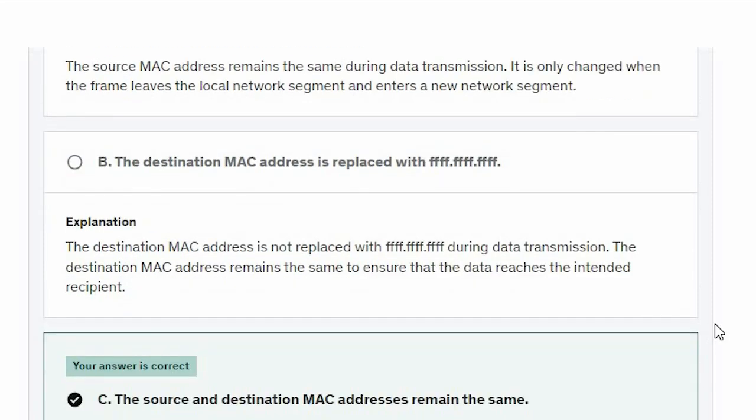Second answer is also wrong, because the destination MAC address is not replaced with FFFF.FFFF.FFFF during data transmission. The destination MAC address remains the same to ensure that the data reaches the intended recipient.